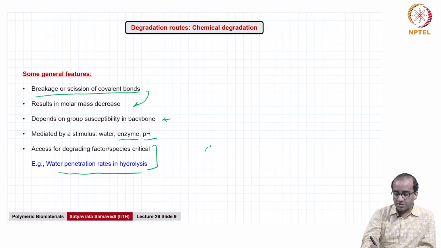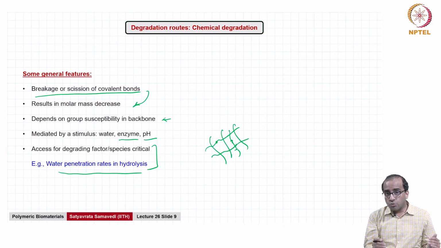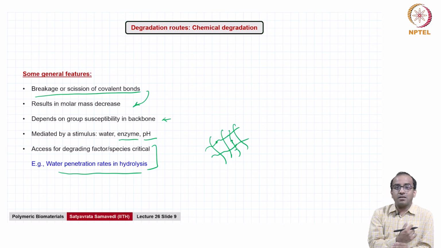So, if you make a matrix, right, and you have drugs loaded into the matrix, and if you implant this matrix, first thing that the water has to do is to penetrate the matrix and swell the polymer itself, right. Once the water has access, the drug gets solubilized and then the drug comes out, right. Unless that happens, the drug is not going to be effective at all, right.